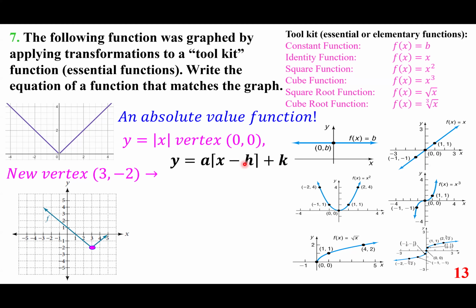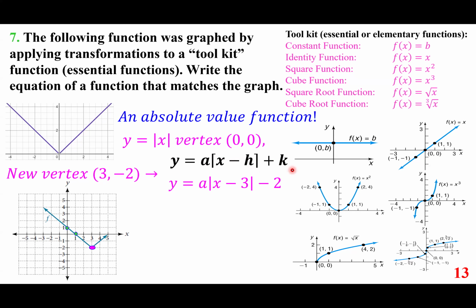So if that is the case, with 3 and negative 2, it means x minus 3 plus negative 2. For example, if it was minus 3, this becomes plus 3. So x minus 3, and this one unchanged.